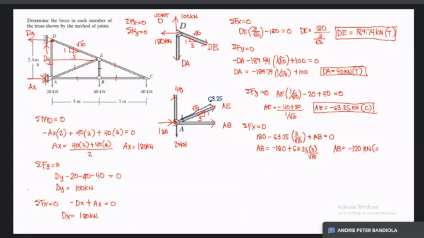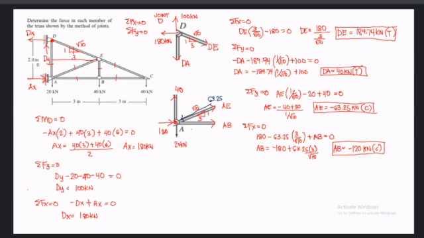Okay, so this is under compression since the answer we got is negative. I won't correct it here; I'll correct it at the next joint. So let's proceed with the next joint.